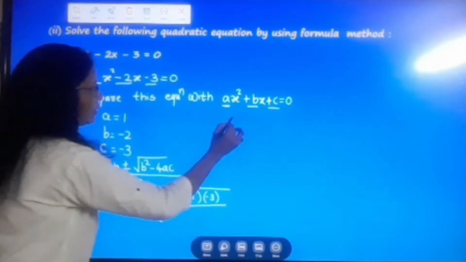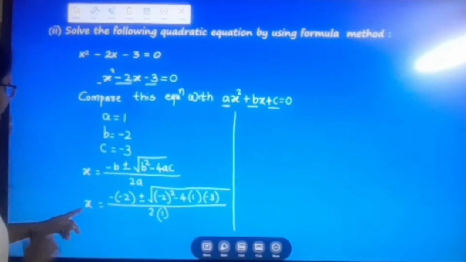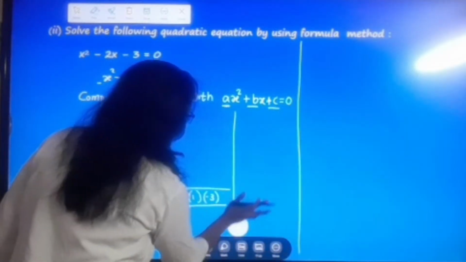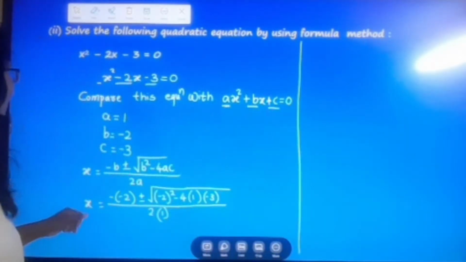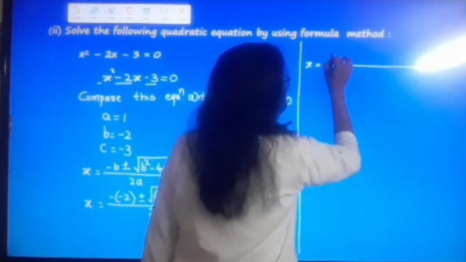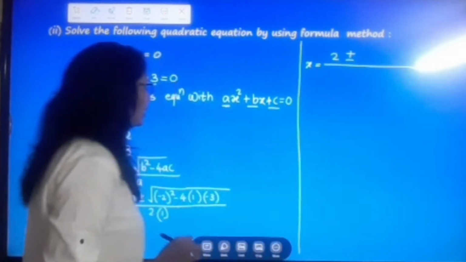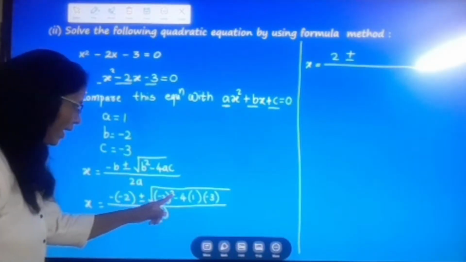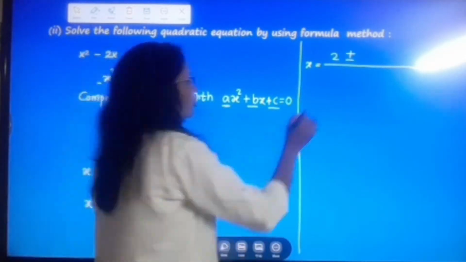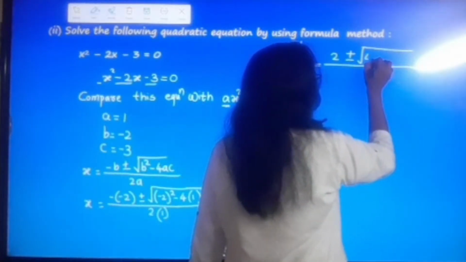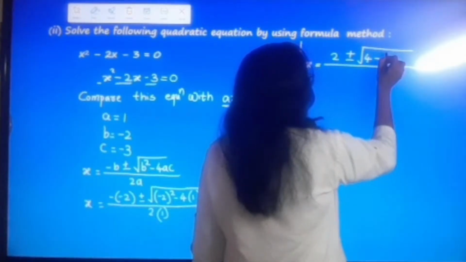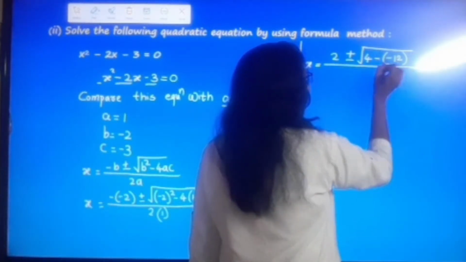Now I solve here. x is equal to plus 2, since minus of minus 2 is 2, plus or minus the square root of 4 minus 4 times 1 times minus 3, which is minus 12, upon 2.